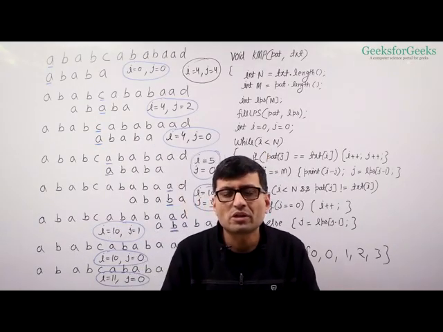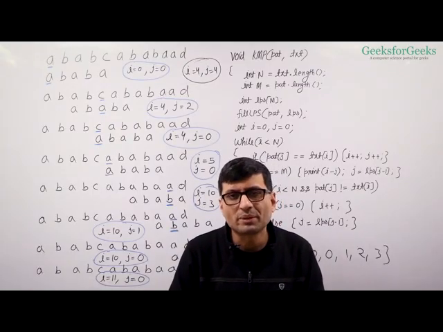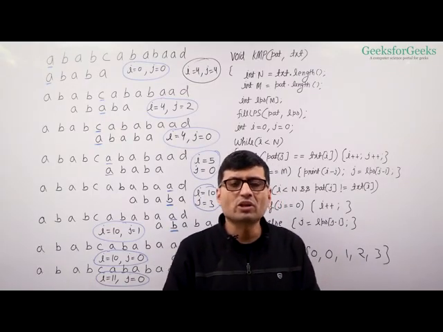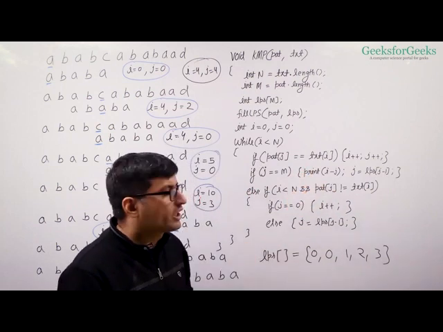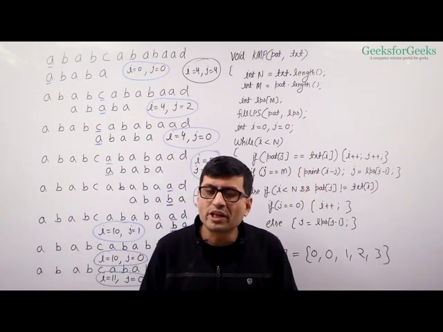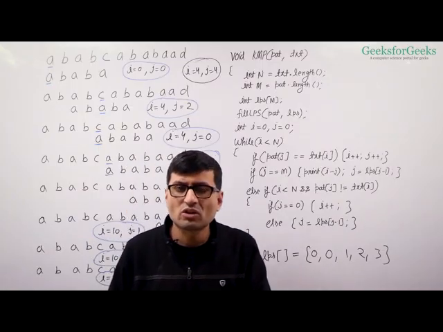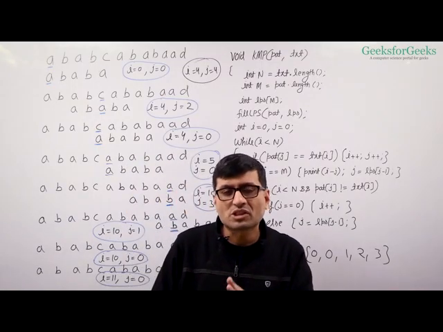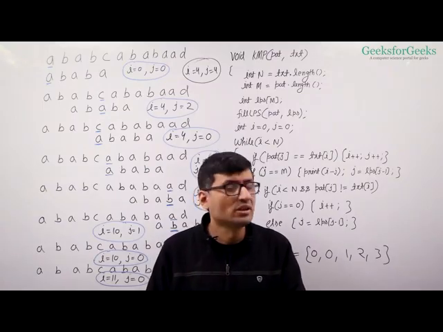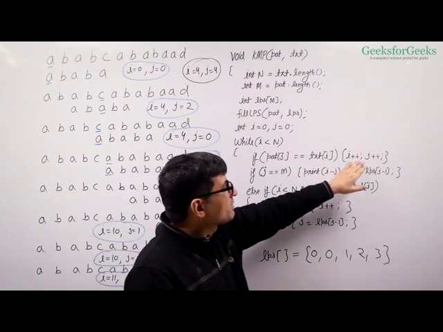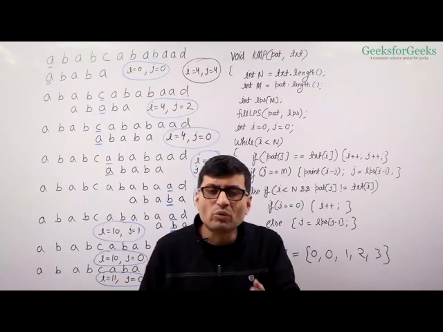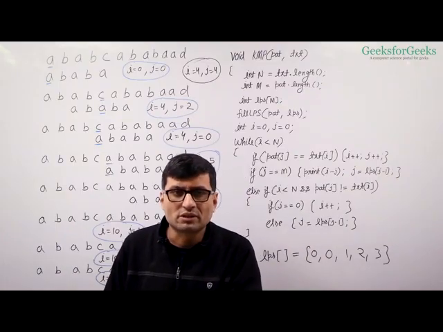Let us now talk about the time complexity analysis of the KMP algorithm. If we take a closer look at this loop, we can notice that in every iteration, we are moving ahead in the text or we are sliding the pattern ahead. When you do i++, j++, you are simply moving ahead in the text one by one.